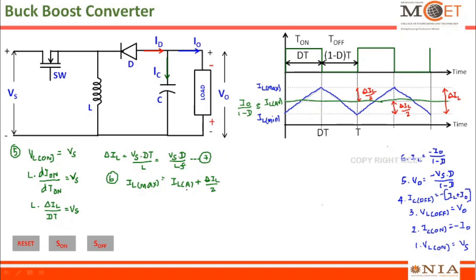Now you can substitute this IL average with I0 divided by 1 minus D, and this I0 can be replaced by V0 by R, as if the load is resistive in nature, and you can play with this expression.